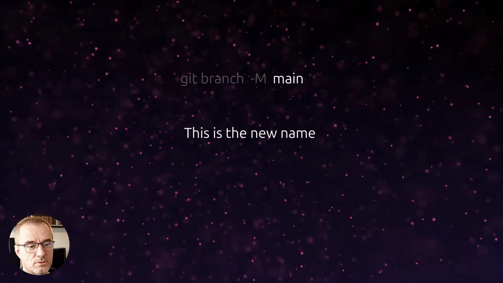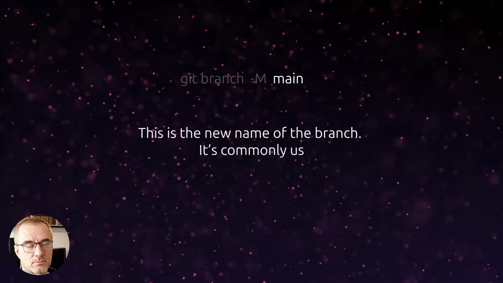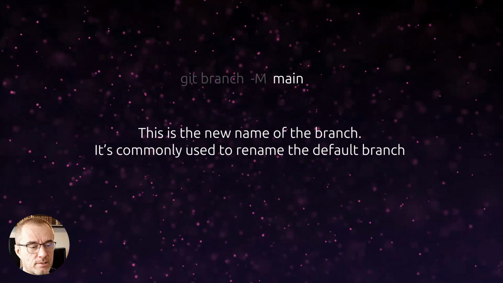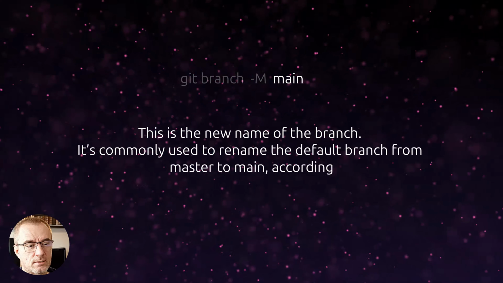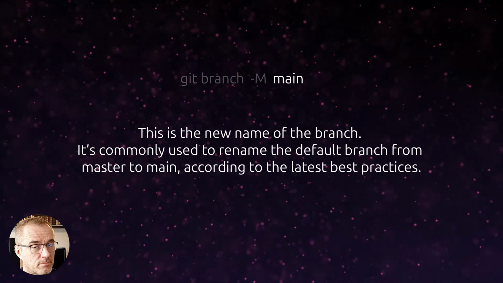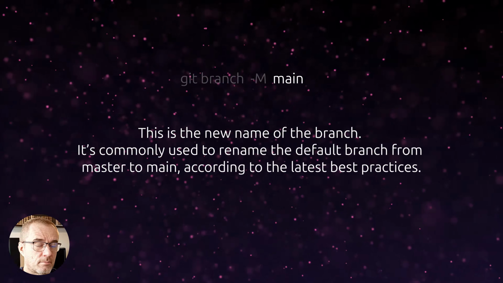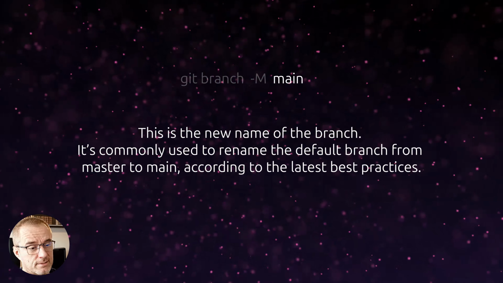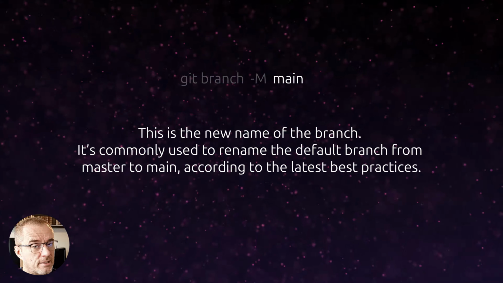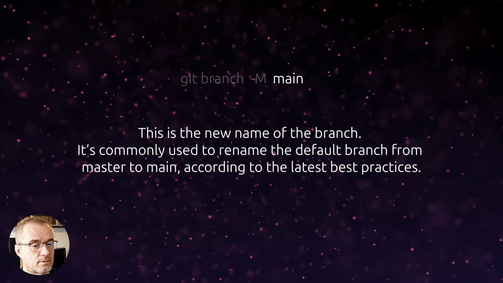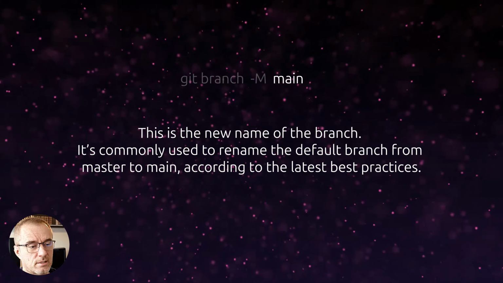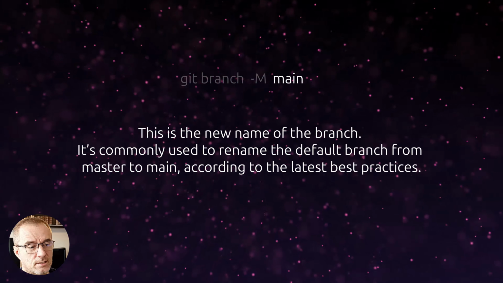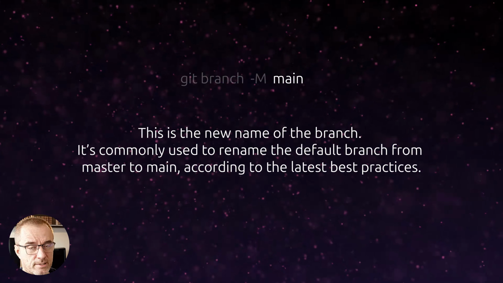It's commonly used to rename the default branch from master to main according to the latest best practices. Probably if you are a programmer, you have a lot of projects with master as the base branch, and as I said, according to the latest best practices, we should call it the main branch.